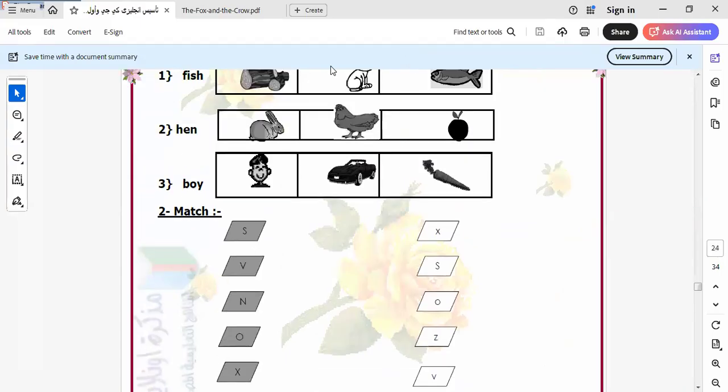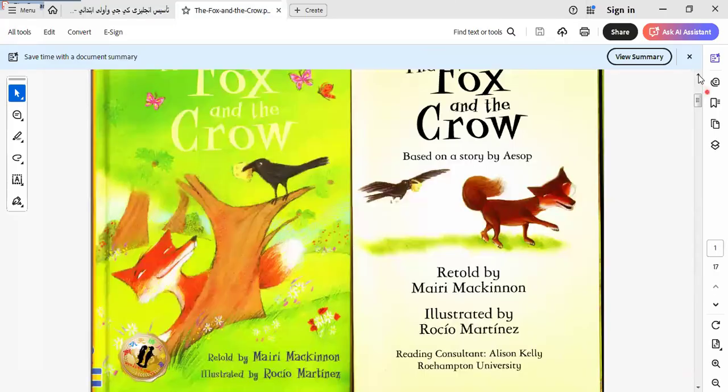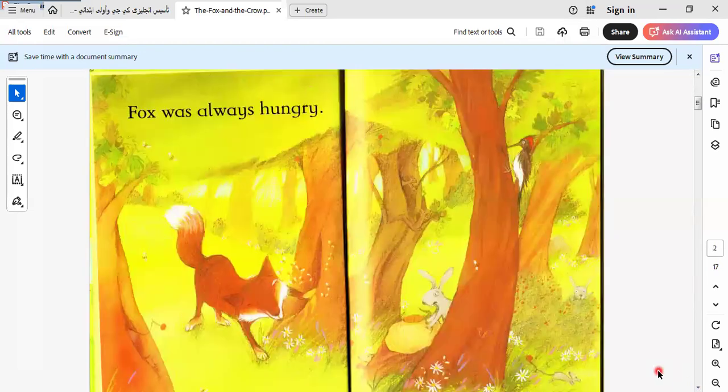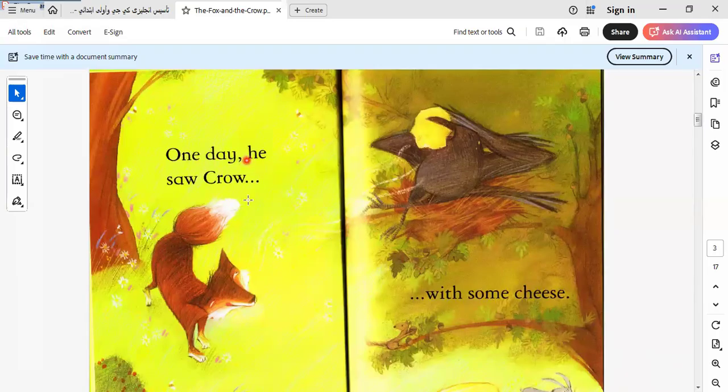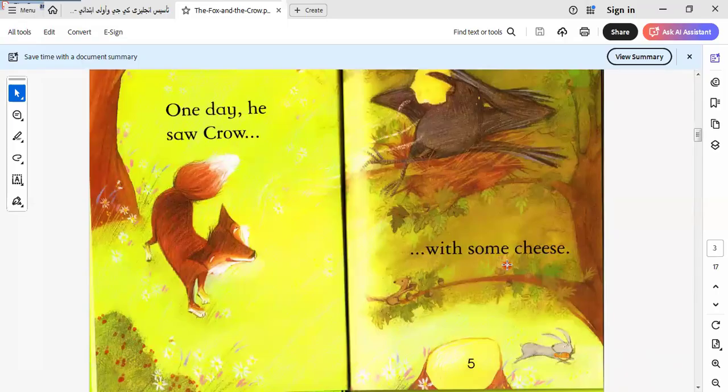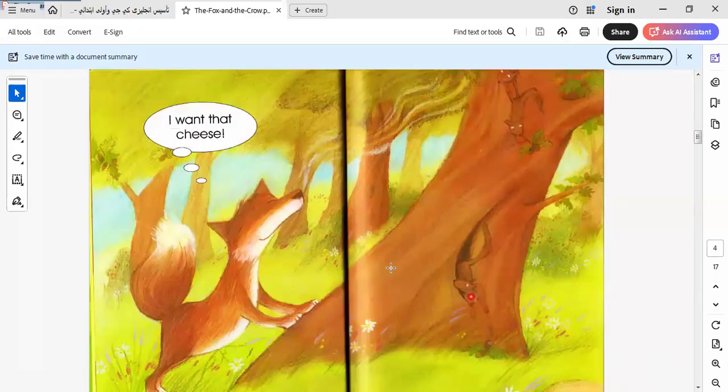Let's go to our story today. Our story today is about, let's know it together, the fox and the crow. Let's read the story together and know what the fox and the crow are doing for each other. Fox was always hungry. One day, he saw the crow with some cheese.